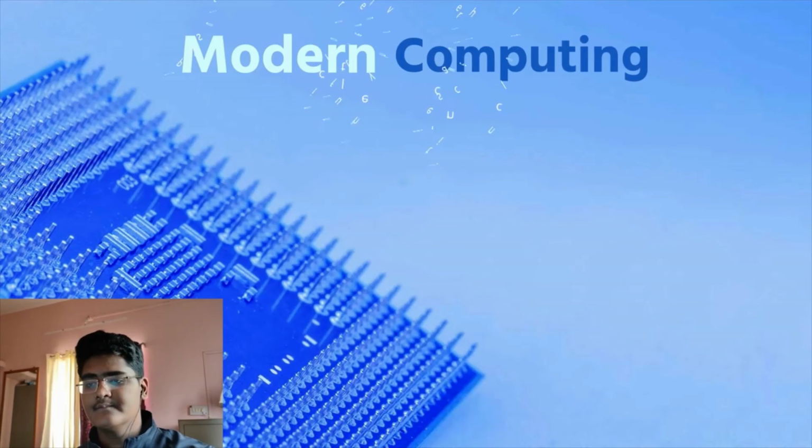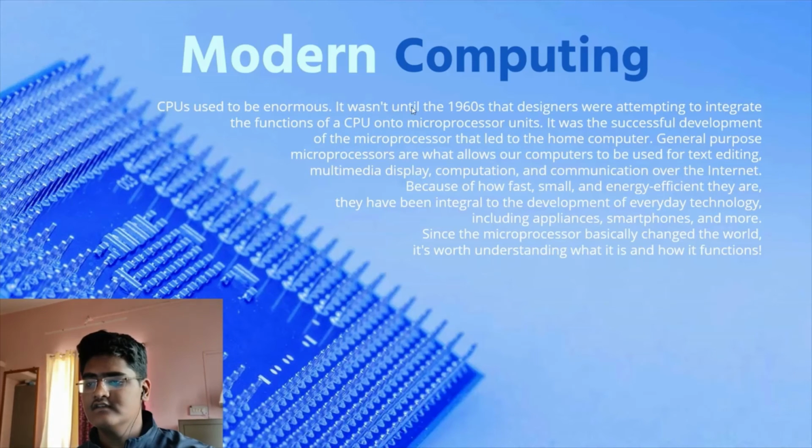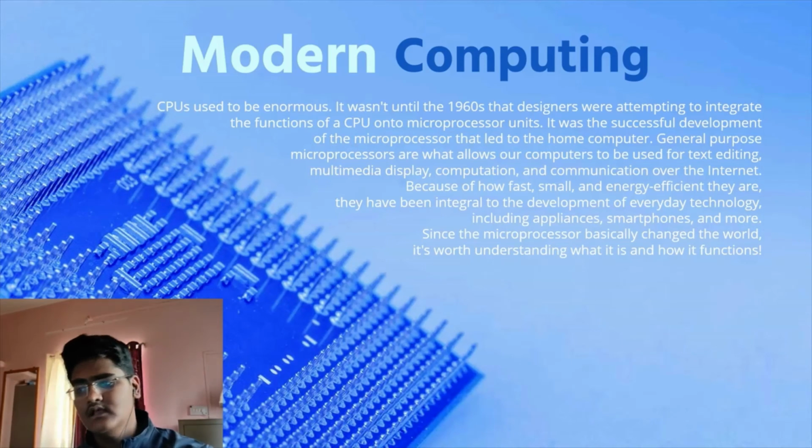Modern computing. CPUs used to be enormous. It wasn't until the 1960s that designers were attempting to integrate the functions of a CPU into microprocessor units. It was the successful development of the microprocessor that led to the home computer.